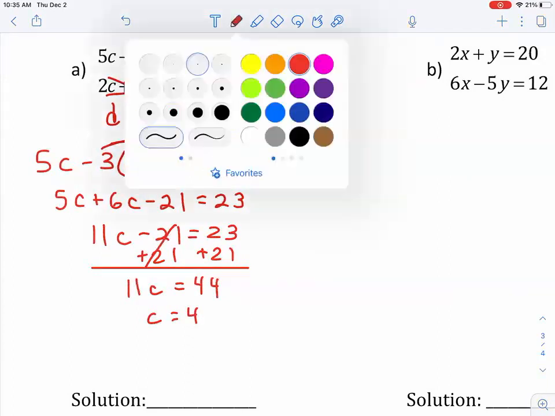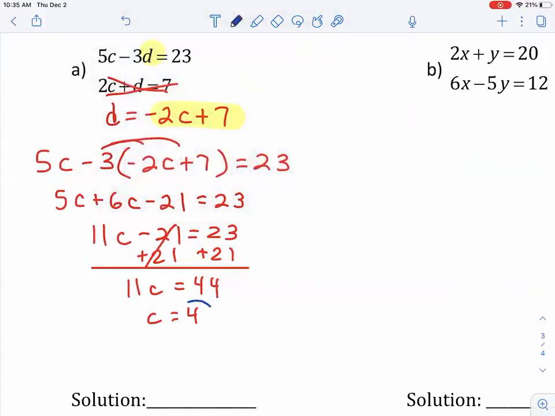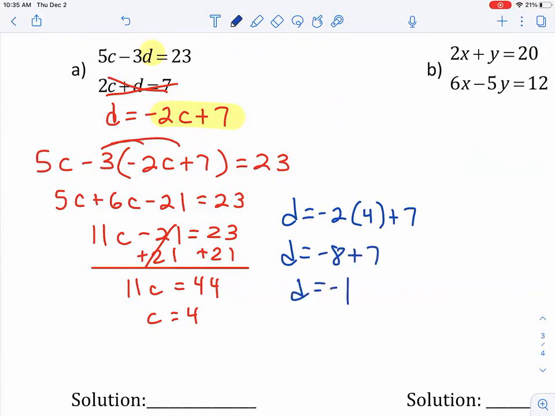Again, it's only half my answer. I now need to plug that back in so that I can solve for d. So I'm going to write that second line, d is equal to -2 times 4 plus 7. And then that's going to allow me to solve that for d. So d comes out to be -1.